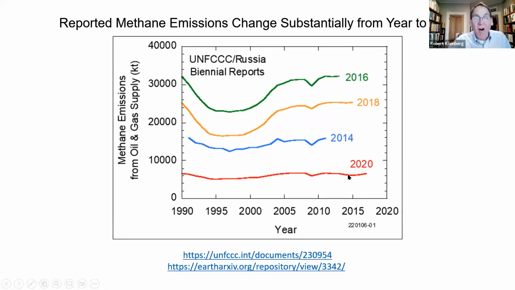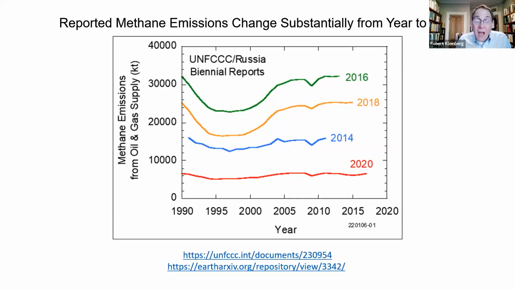And you can see these are all over the place. The activity factors basically are the same year after year. I mean, that's just national production, so that's dead easy. But the emission factors change by very, very large amounts in these 14 categories, giving this sort of wild variation in the estimated methane emissions from the Russian oil and gas industry.